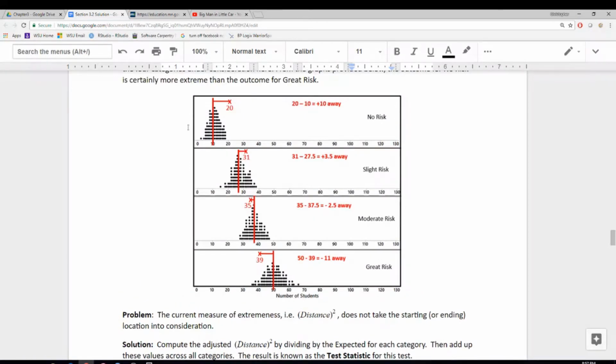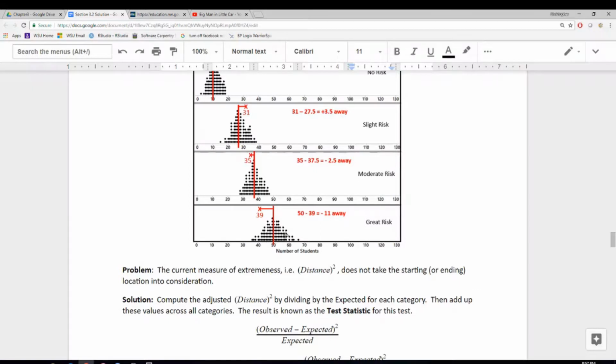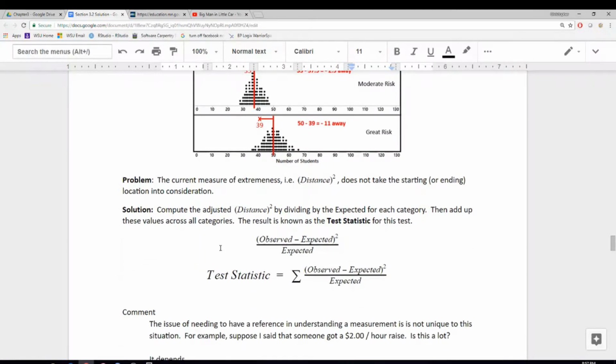So the fact that this pyramid is not very far up the number line, that its expected count is down here at 10, okay, being 10 off when I'm talking about values around 10, that is quite a bit. But being 10 off when I'm talking about values around 50, that isn't so much. So our measure has to take this into consideration.